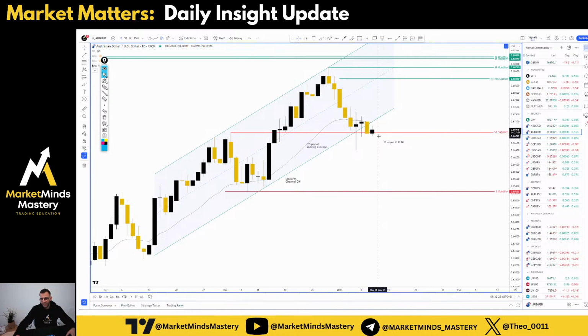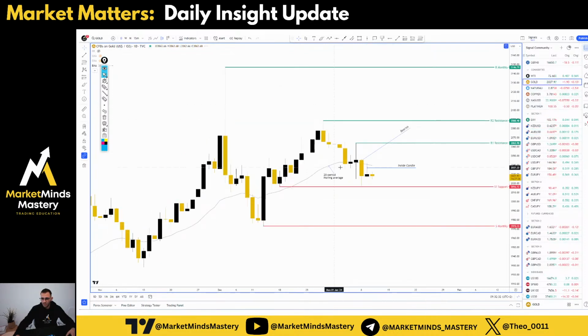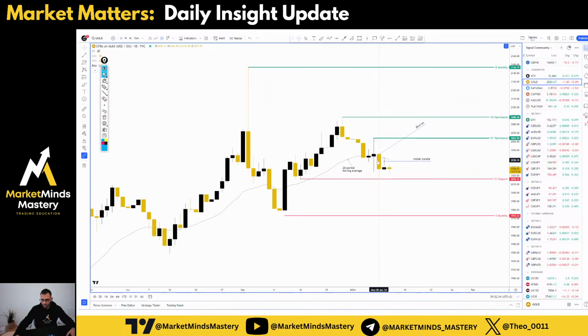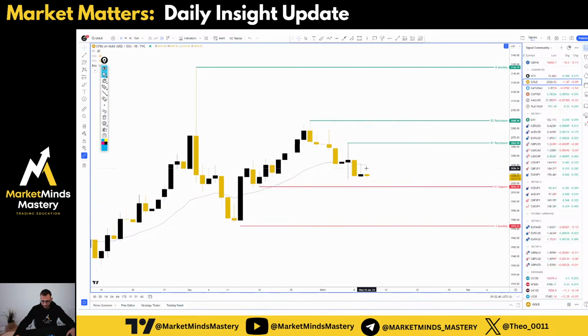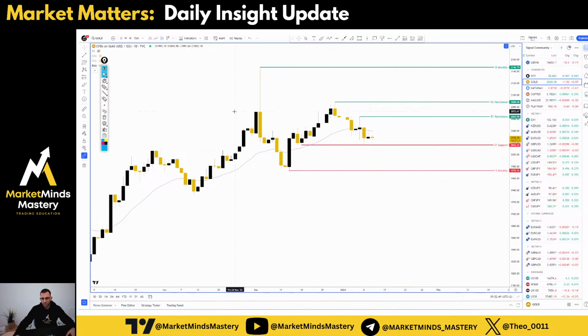Again, not very clear if it's going to push up or down. It's not clear at all. Gold: inside candle yesterday, a break below or a break above can also be used to take some positions.